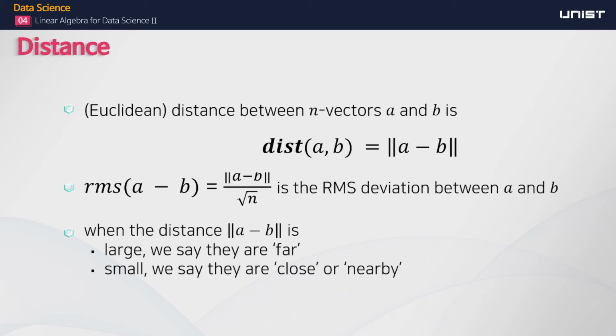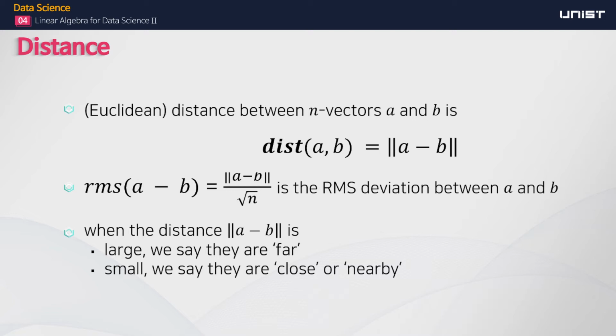Norm is also used to define the distance between n vectors A and B. RMS of A minus B is the RMS deviation between A and B. When the distance value is large, we say that they are far from each other.